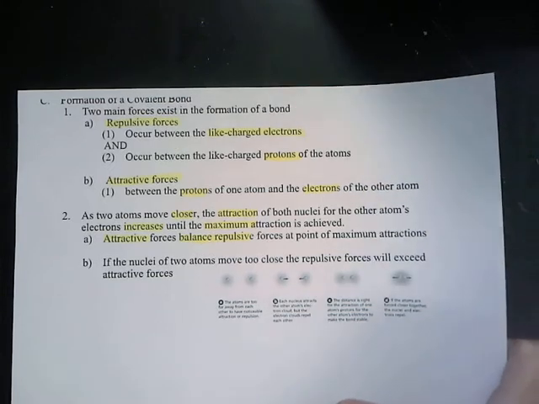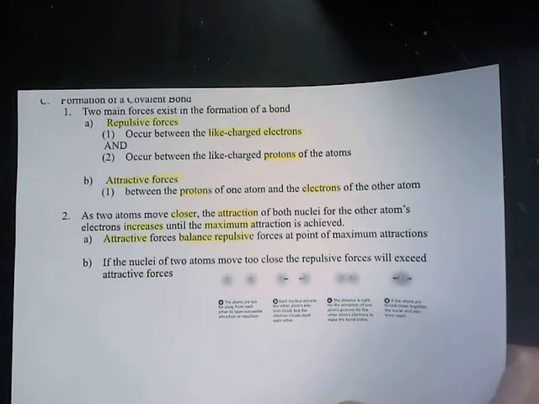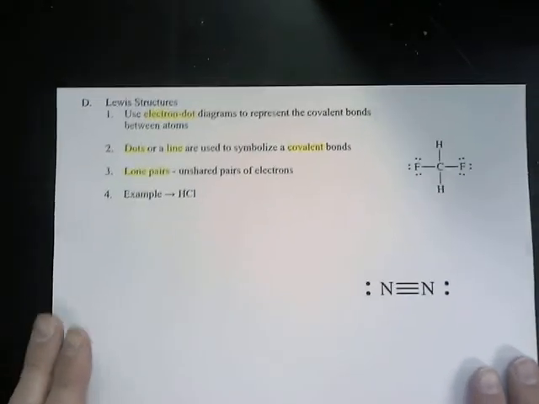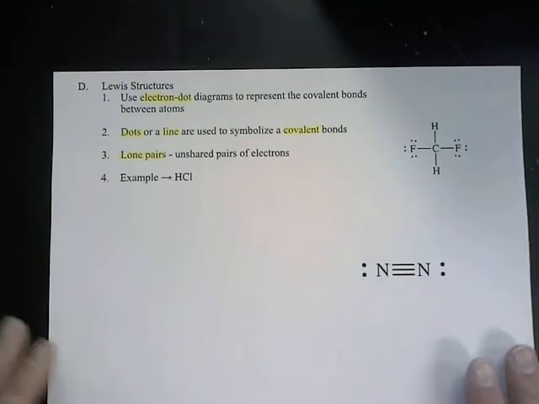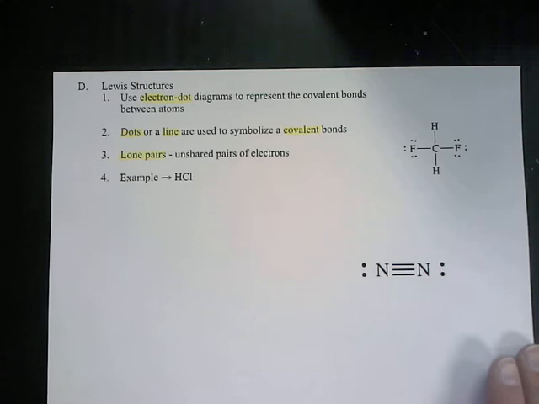What we usually do to describe our covalent bonds is use Lewis structures, okay? Lewis structures are a visual representation of what happens with our valence electrons. So let's take hydrochloric acid and draw that Lewis structure.